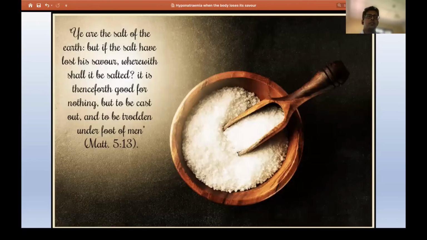If you want to remember the talk, remember that hyponatremia is when the body loses its savor. In our clinical practice, and also in our human life as well, if our saltiness, which is the goodness in us, is lost, then when our goodness and our intentions are lost, there's no point in us.